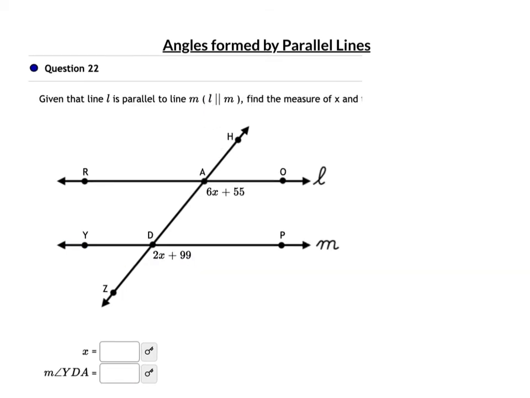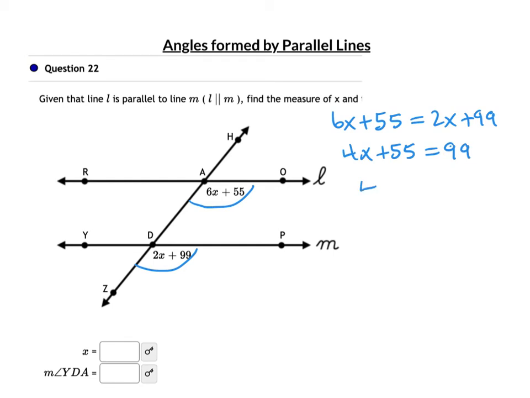In this example, we have corresponding angles. And again, we know that corresponding angles are congruent. So 6x plus 55 is 2x plus 99. That's 4x plus 55 is equal to 99. So 4x will equal some number. 99 minus 55 is 44.